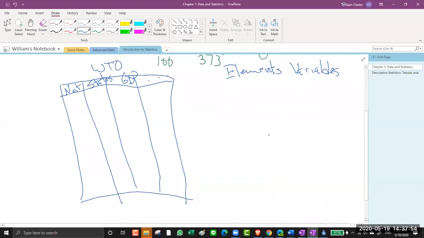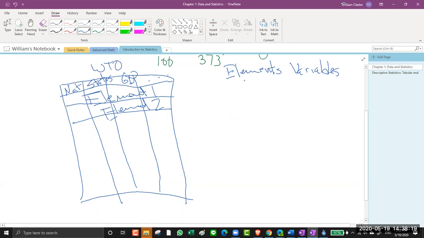So I just want to explain this idea. So actually each row is called an element. So this is element 1. Next row would be element 2, and so on. So each row is called an element.